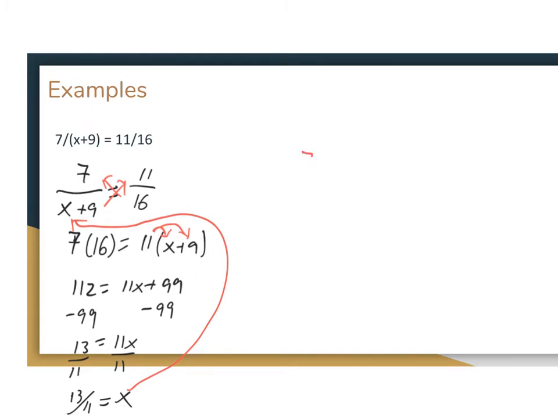And we see that 7 over 13 elevenths plus 9 is equal to 11 over 16. And when we simplify, we end up with 11 over 16 is equal to 11 over 16.